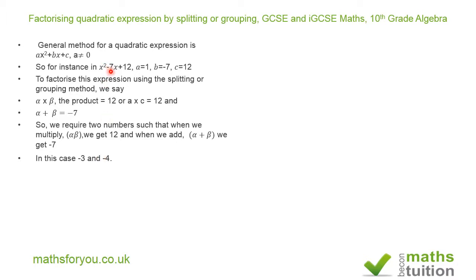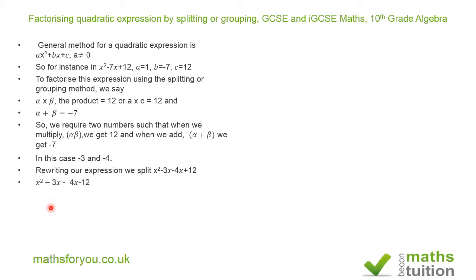Now, what I'm going to do is to split the original expression. I'm going to express it as two groups: x squared minus 3x minus 4x plus 12, because minus 3x minus 4x will give me minus 7x.